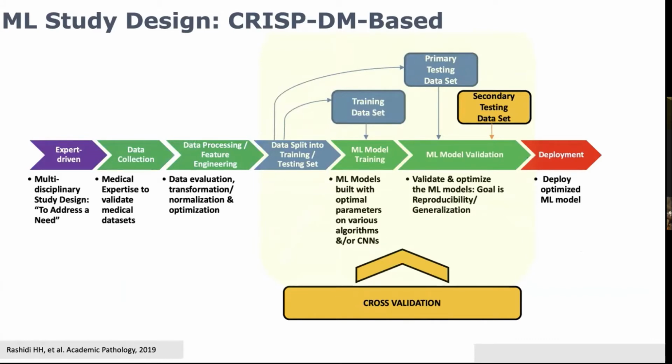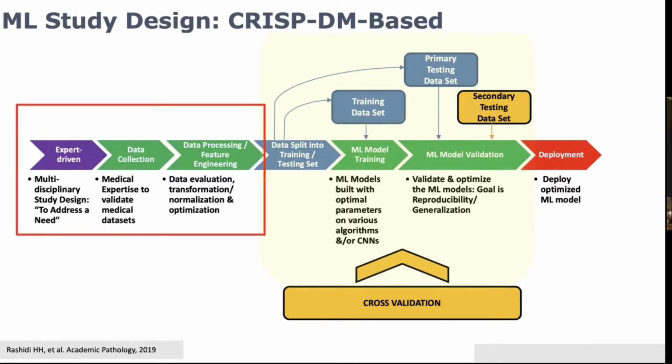The study design approach is the modified IBM cross-industry standard process for data mining, CRISP-DM, which follows these steps. The initial steps involve the data before you even do any machine learning. That involves taking your data, making sure you're getting rid of the missing data, and scaling it.